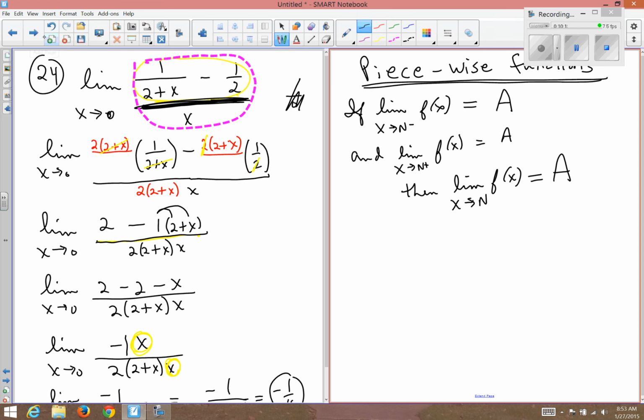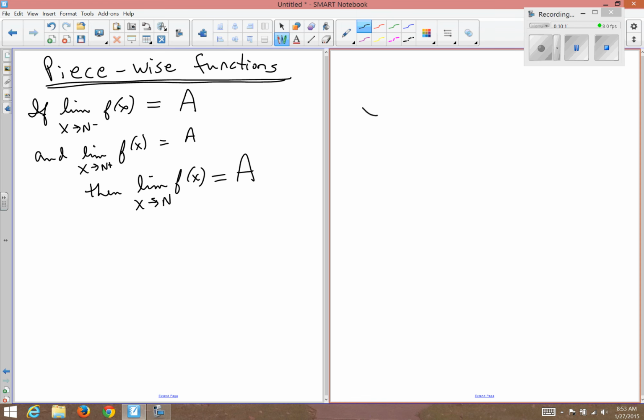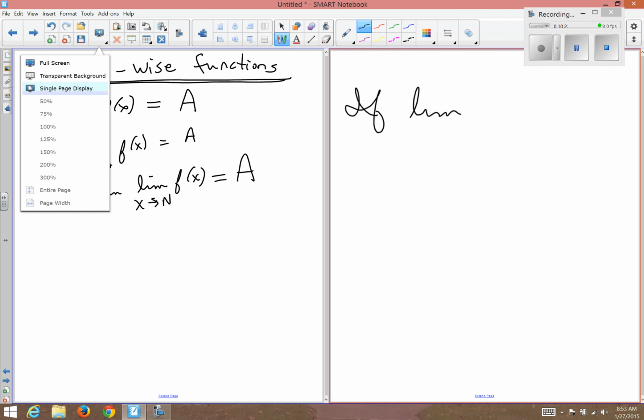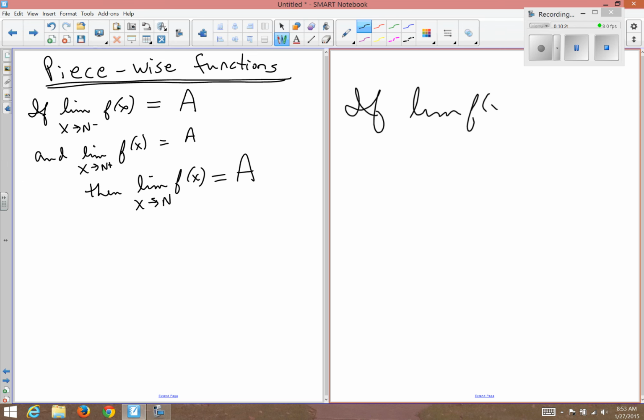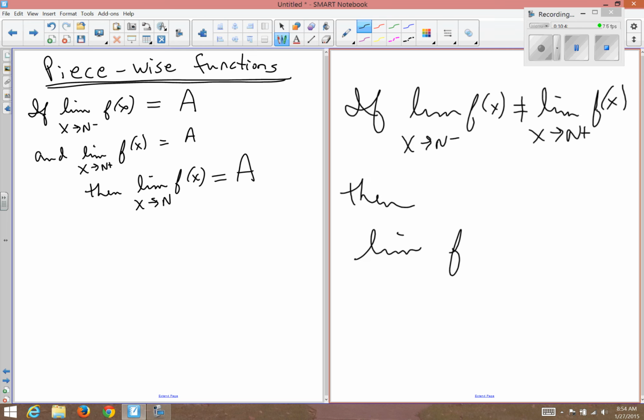On the other hand, if this ever happens, if the limit of f of x as x approaches n from the left comes out not the same as the limit of f of x as x approaches n from the right, then the limit of f of x as x approaches n, period, does not exist.